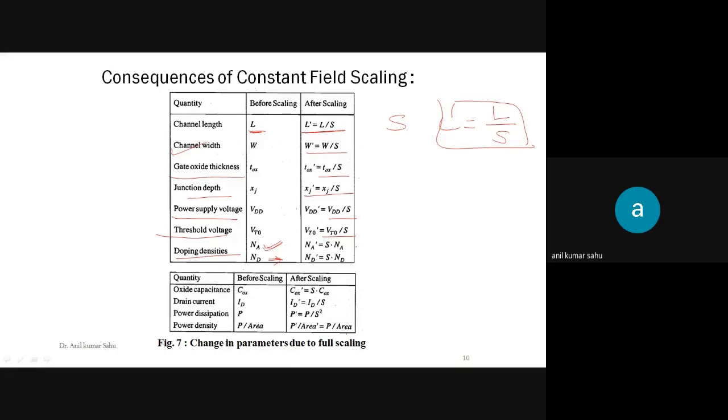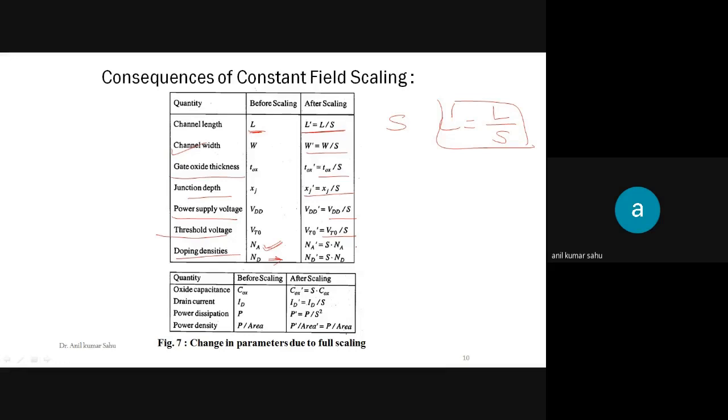Then only, after the scaling of the device, will it behave as the previous device. Both will work similarly.